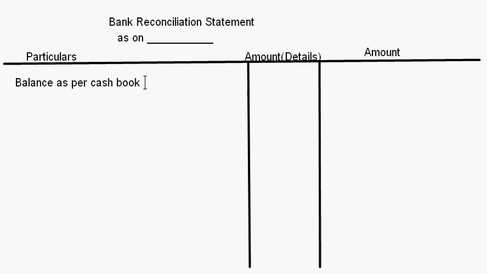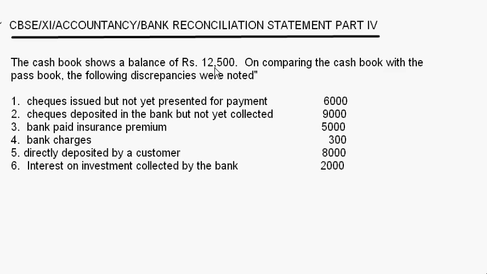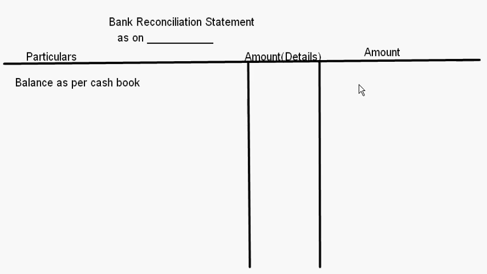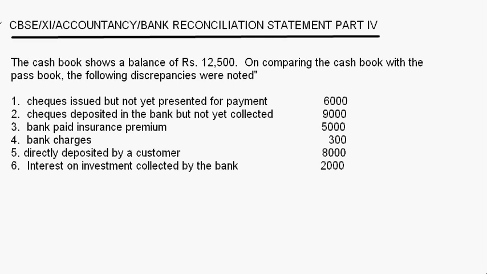The balance as per cash book is given as 12,500. So this is what I'll write here, 12,500. Now let's look at each and every item and decide whether it is to be added or to be subtracted, right? So here I'll make add and less both so that we can keep writing in the correct places.